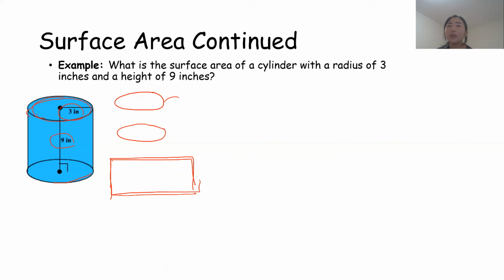Since the top and bottom bases are circles and the area of a circle is equal to pi r squared, we can solve for the area of these bases. We know that the radius is 3 inches, so we plug that into the equation: pi times 3 inches squared, which equals 9 pi inches squared.